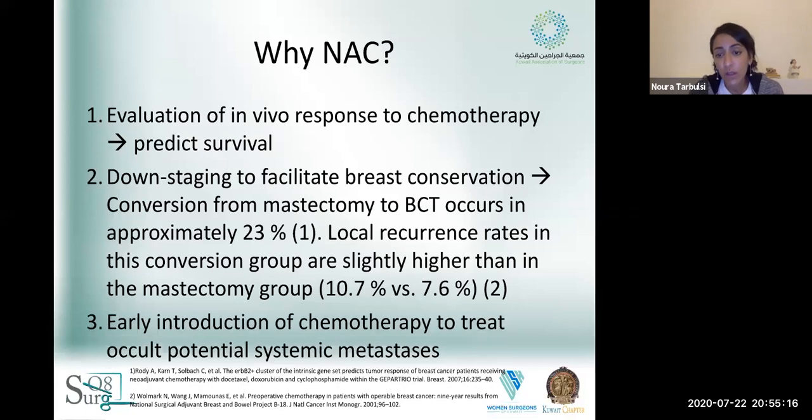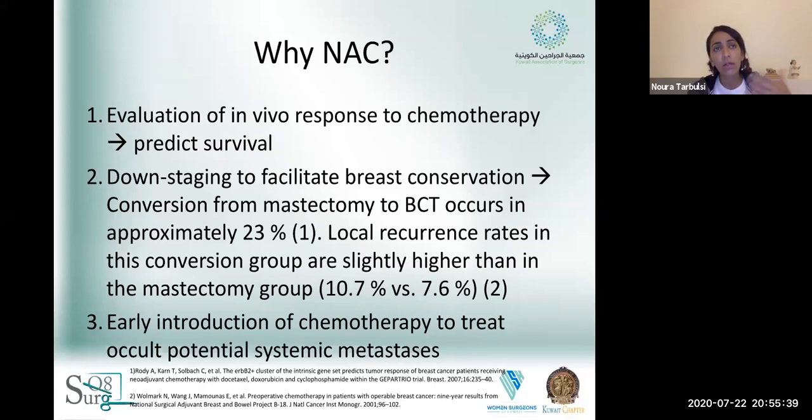Early introduction of chemotherapy to treat occult potential systemic metastases. The low survival in patients with locally advanced breast cancer is not from the T4 tumor or the ulcer that she has or the fixation to the chest wall. The low survival is secondary to death from metastatic disease.